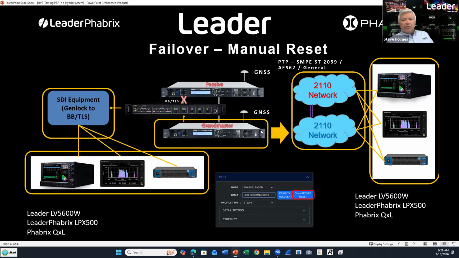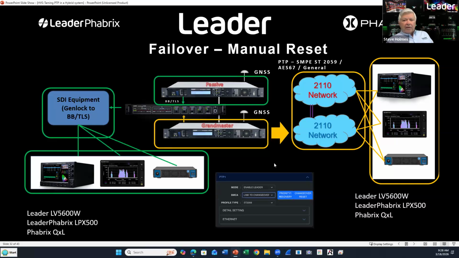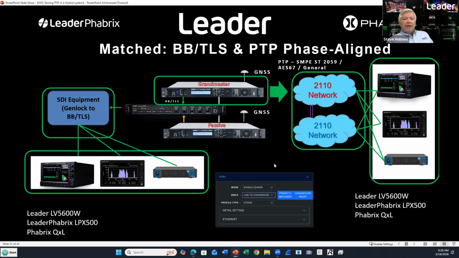And we have a manual changeover reset, one button that's in the SPG, and that will recover your system completely and bring your system back to normal after you've verified that both PTP and your black signals are where they should be, and bring the system back to normal operation. So this is really, really handy to have.